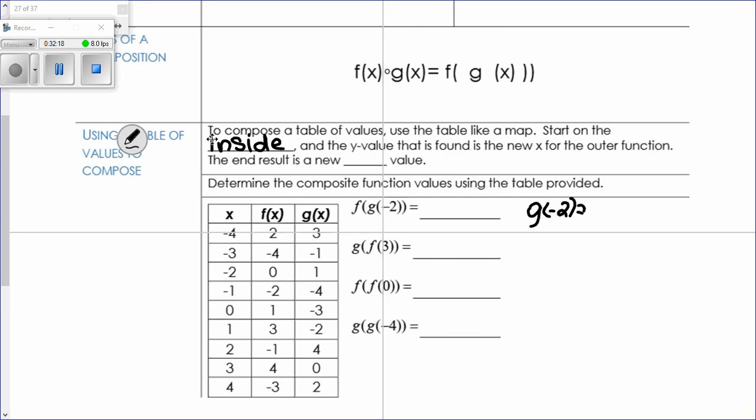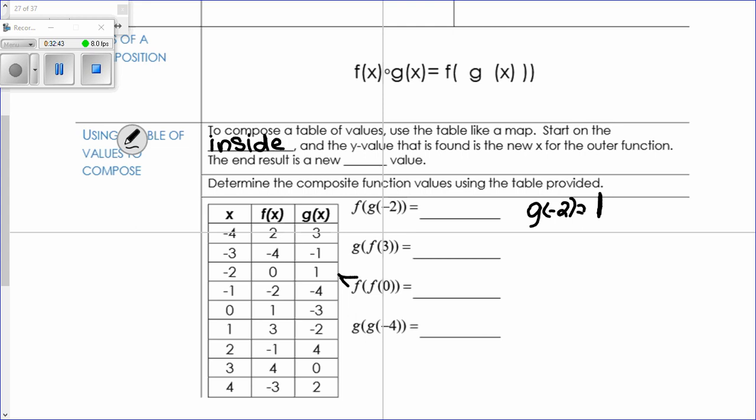Okay? So x equals negative 2 here. Go to where x equals negative 2 in the column. What's the y value for g? For g, 1. So basically, we start on the inside, we find g of negative 2. It's 1.